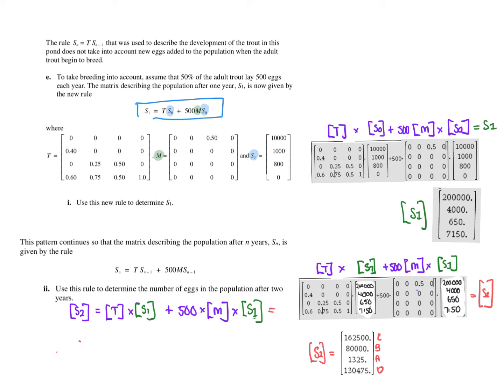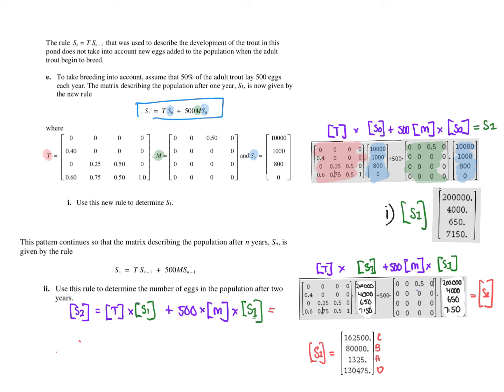So I have to use the transition, which they gave me. So I've got the transition, which is here, then the rule says times it by S0, so I've times it by S0. Then you're going to add 500 times M, so I've typed in matrix M, and then timesing by the S0 again, so I've typed in that same matrix. Now that will give you S1, so it doesn't matter what it's got in the formula, just follow the formula. So this is S1, so this was the answer to part I.